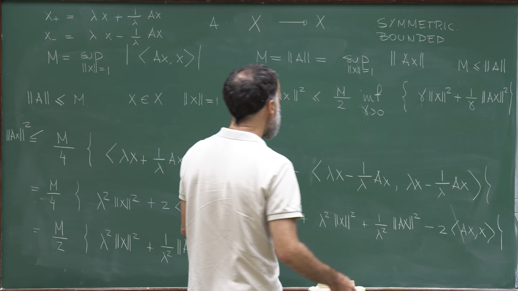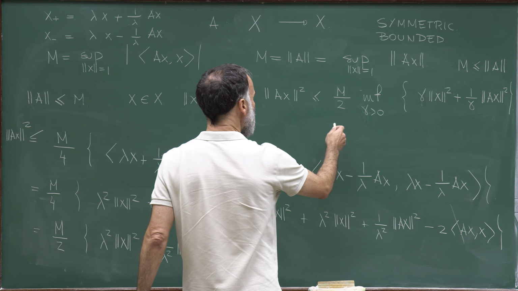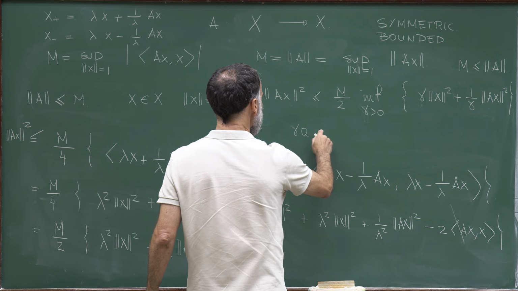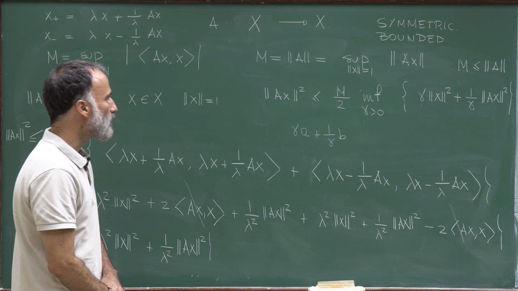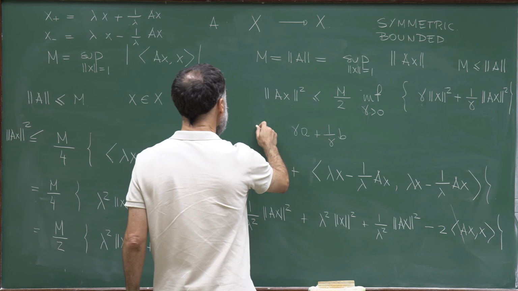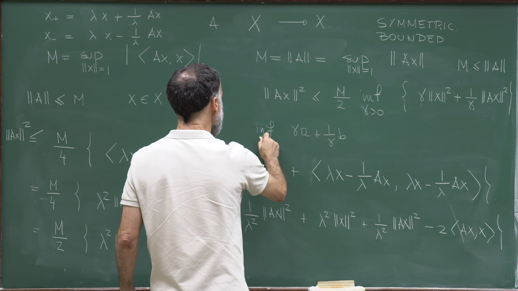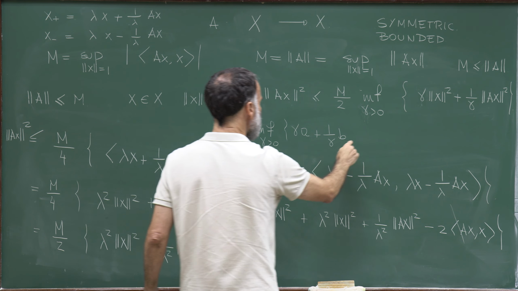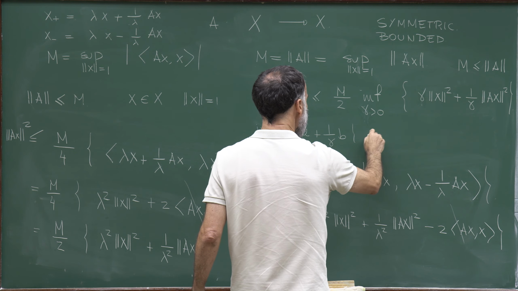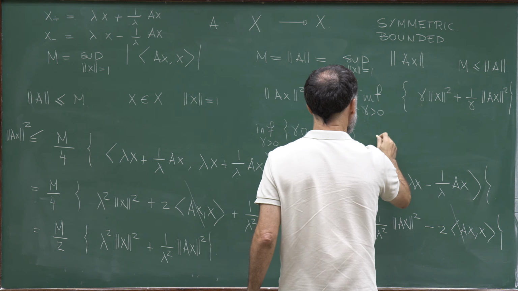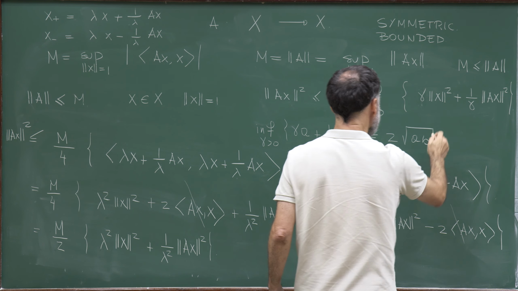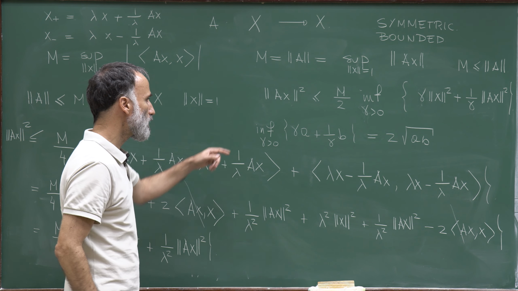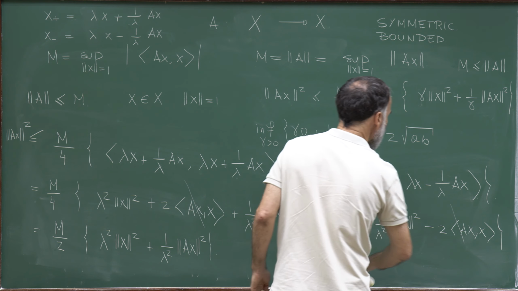And well, it's a very easy task to optimize the function gamma a plus 1 over gamma b. If a and b are positive, the infimum over all positive gammas of this expression is equal to 2 times the square root of ab. So I leave it to you to check this identity.